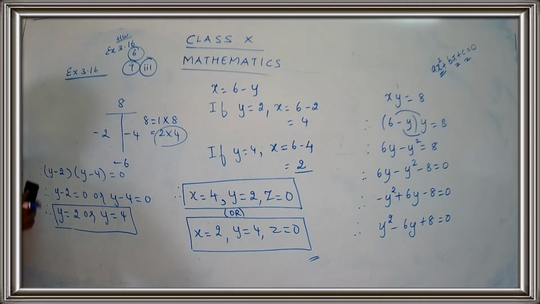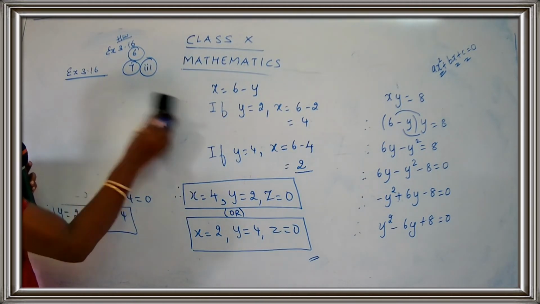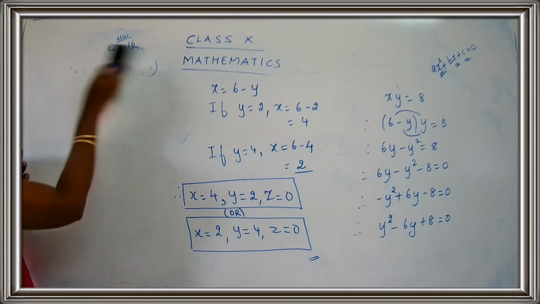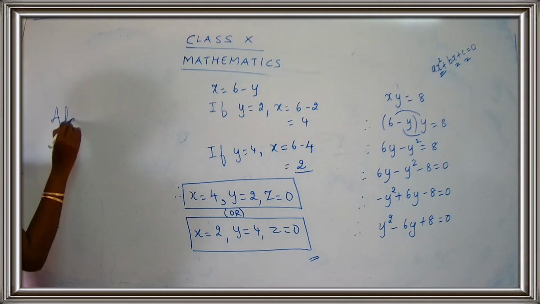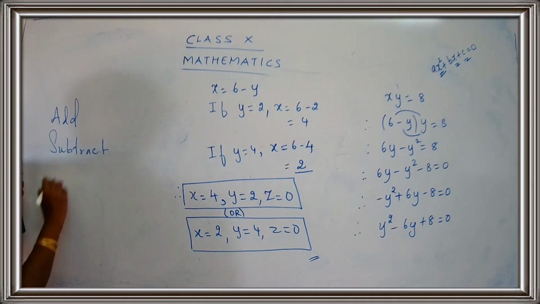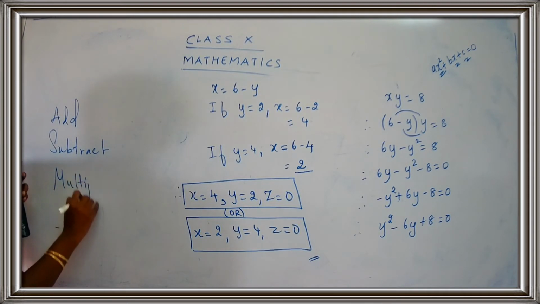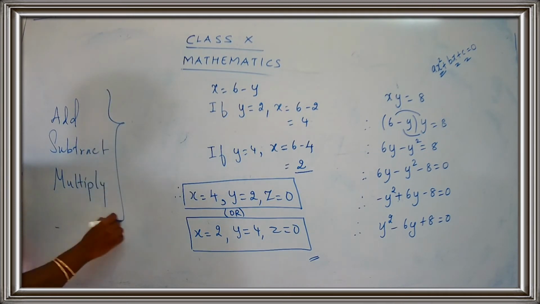But for matrix, you have 3 operations, okay children? That is, we can add the matrix, we can subtract the matrix, and also we can multiply the matrix. So we are going to study these operations in our exercise 3.17.